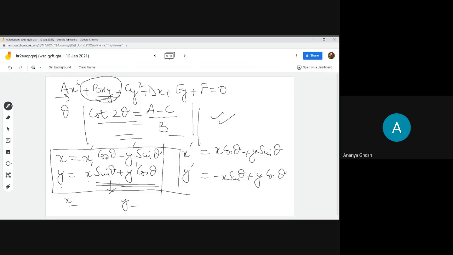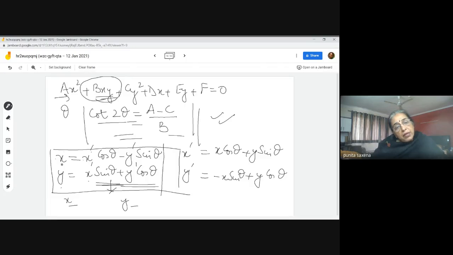So once you have obtained your x and y in terms of x dash and y dash, you substitute in your given equation. You will get a new equation in terms of x dash and y dash.